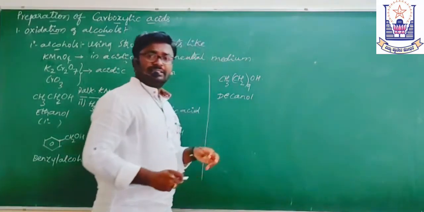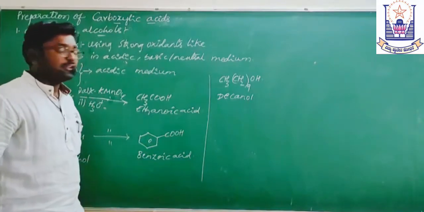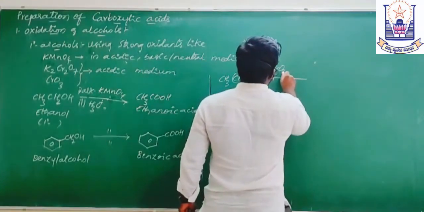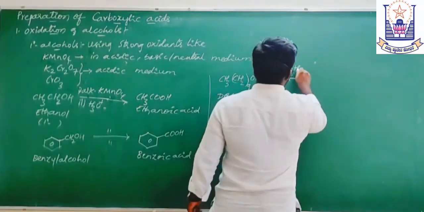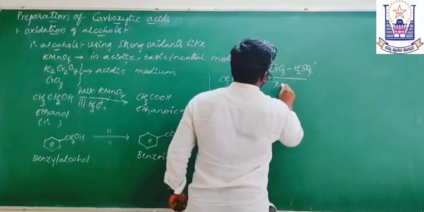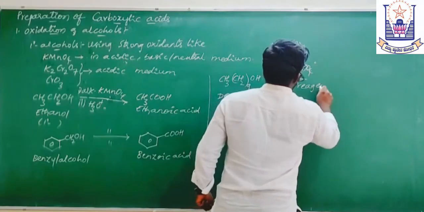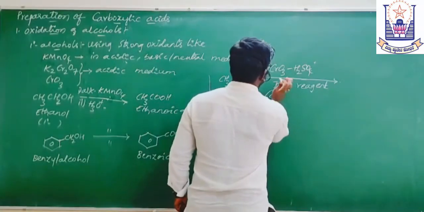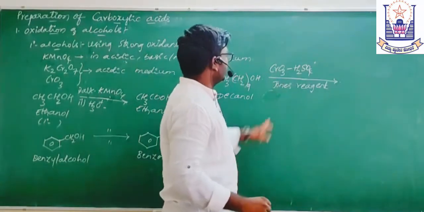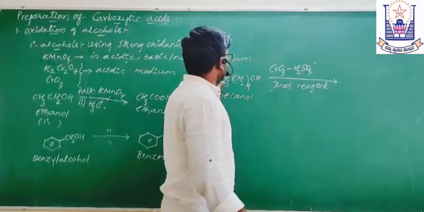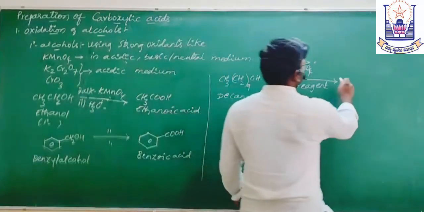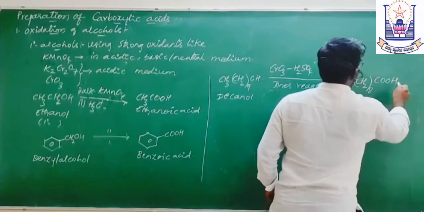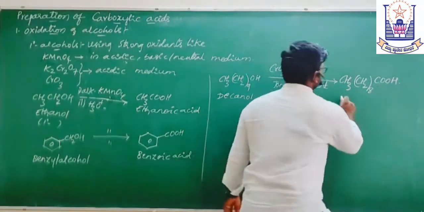When decanol is treated with Jones reagent, which is chromium trioxide in aqueous sulfuric acid, with acetone used as a solvent, it will be converted to decanoic acid, CH3CH2, 8 times, COOH.